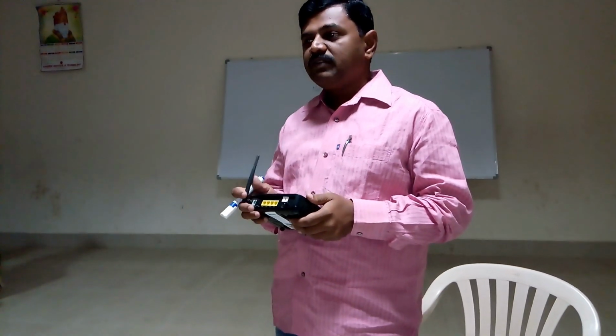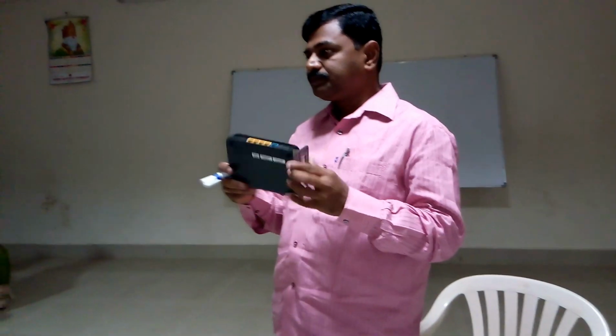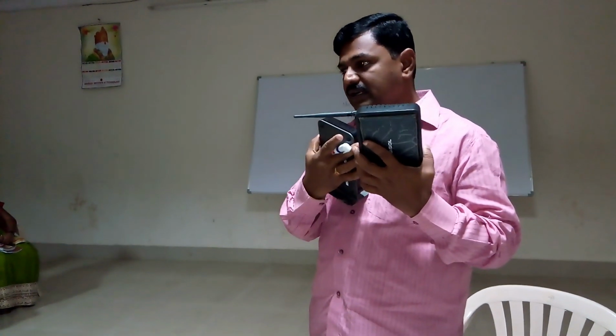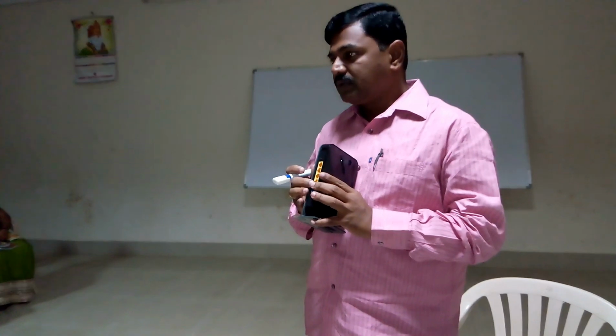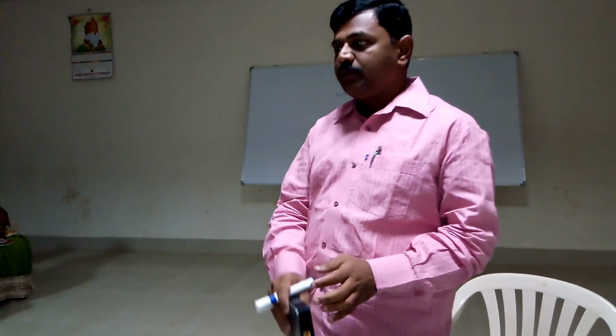Whereas the duty, or the function, of a router: here if you see, this is a router. The output from this LAN switch, you are going to connect to a router. So what is this router? What the router does is, you will have n number of computers.